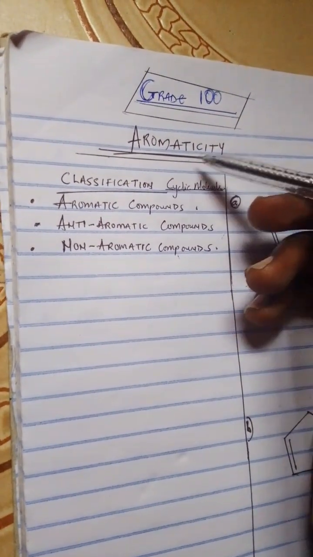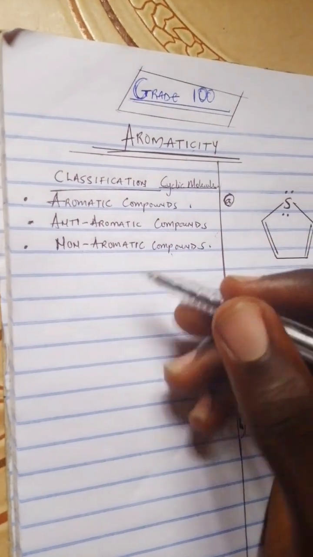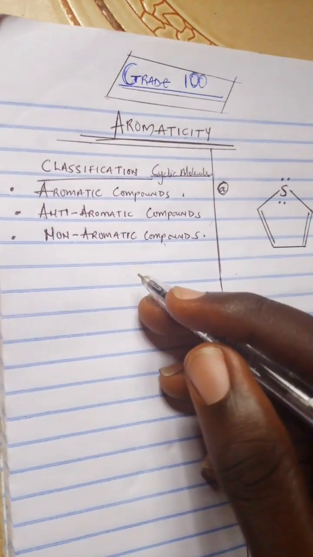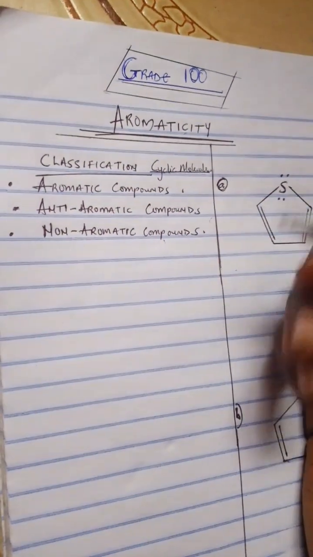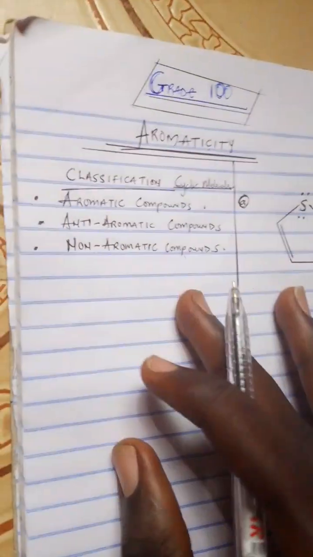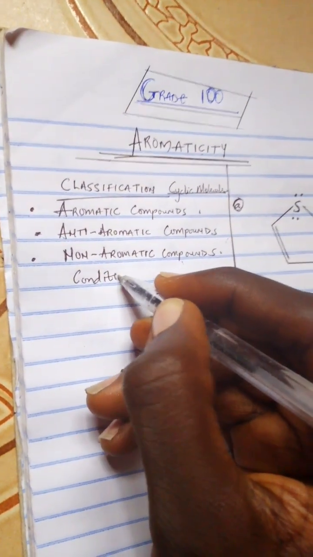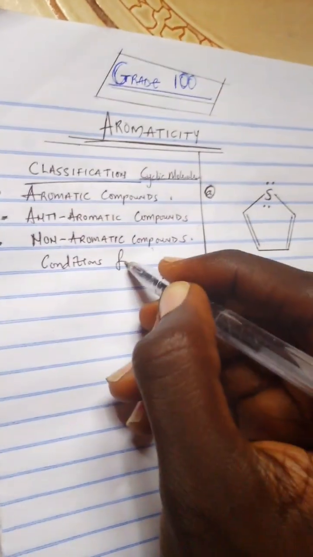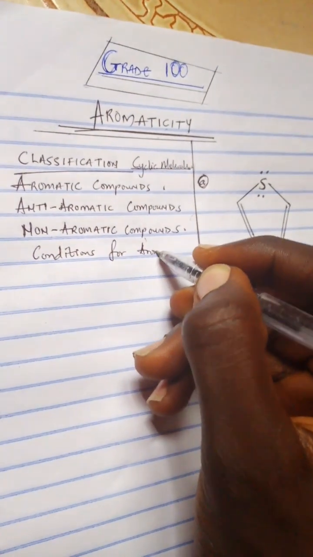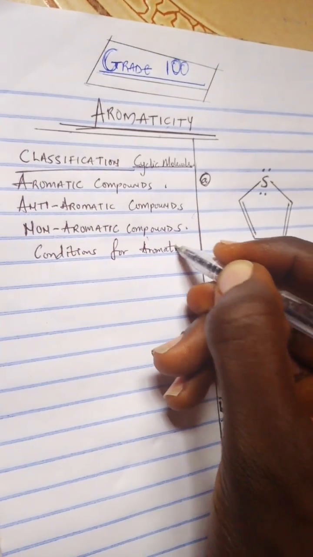Now, the basic understanding is that since aromaticity deals with aromatic compounds, what are the conditions or the criteria for a cyclic compound or an organic structure to be aromatic? Now let's look at the conditions for aromaticity.